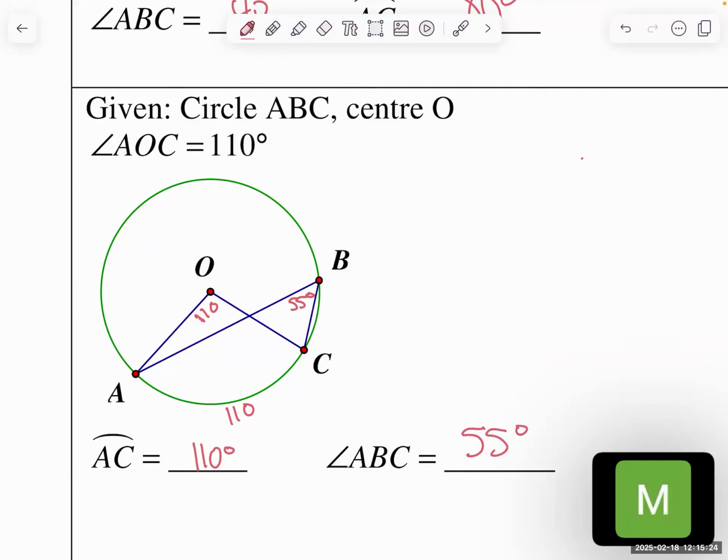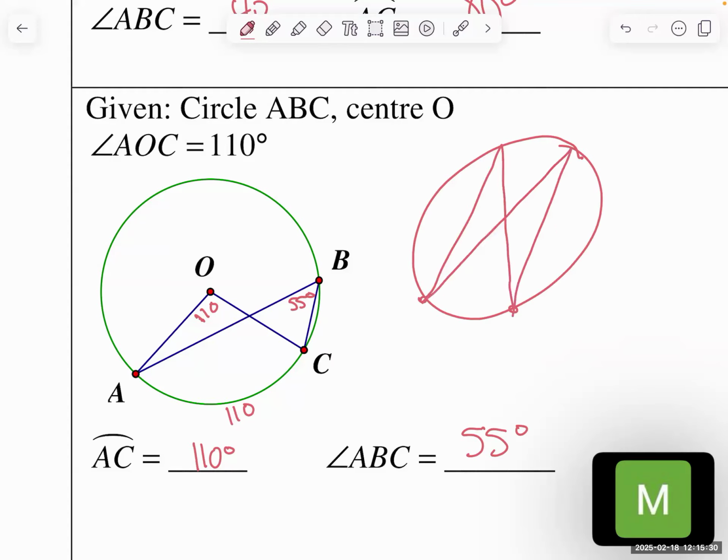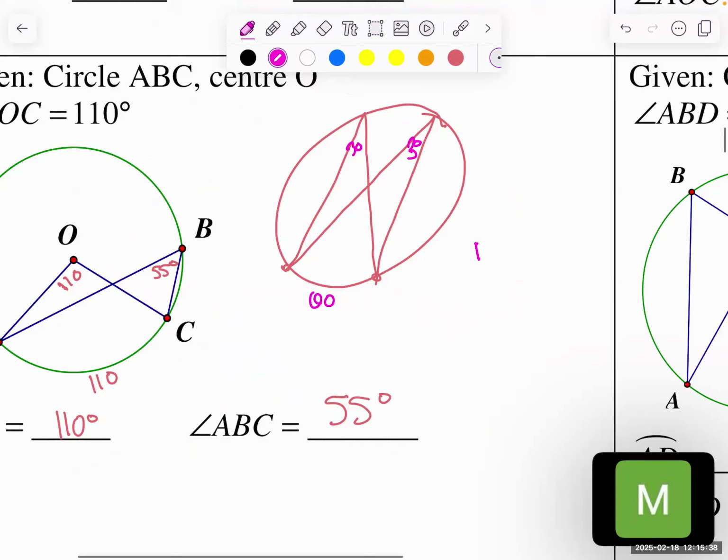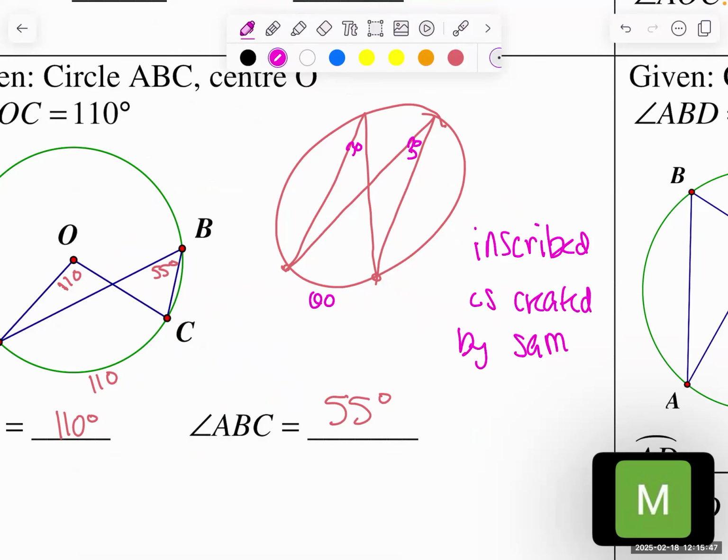And one thing I didn't necessarily hit on is, let's say I have an inscribed angle like this and an inscribed angle like this created by the same arc. Think about if this is 60, this is 30, and this is 30. So inscribed angles created by the same arc are equal.